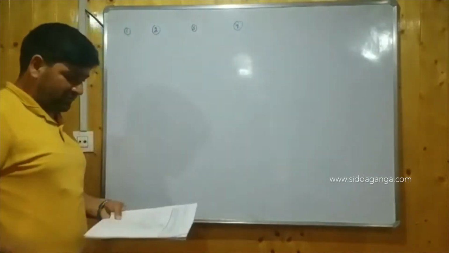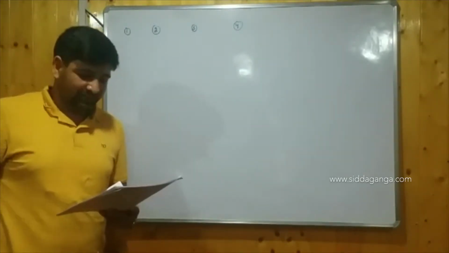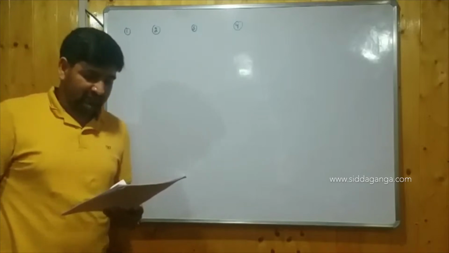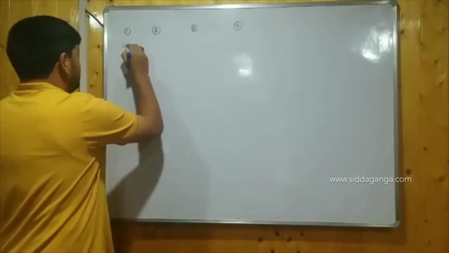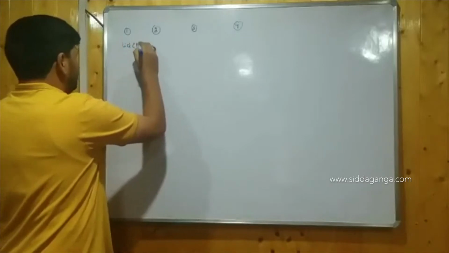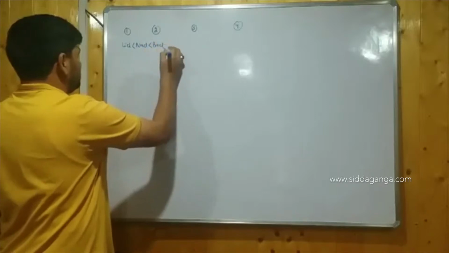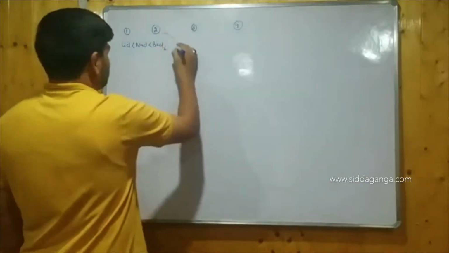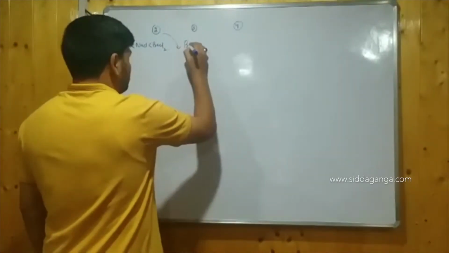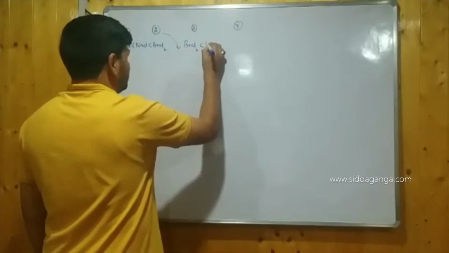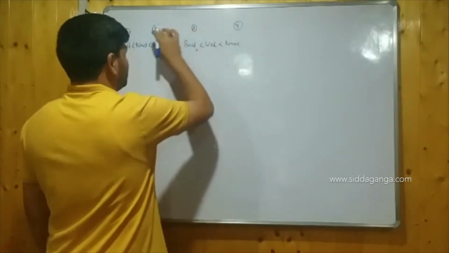So the 4 options that are given to you are: LiCl less than NaCl less than BeCl2. Option 2 is BeCl2 less than LiCl less than NaCl.